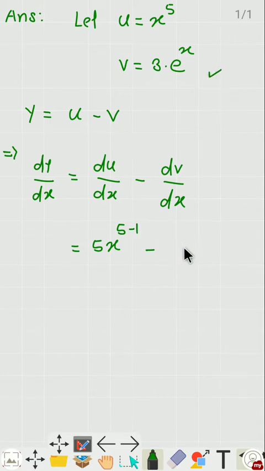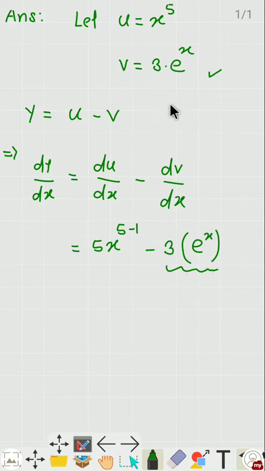Here 3 is a constant, take it as it is, and the derivative of e raised to the power x is e raised to the power x.